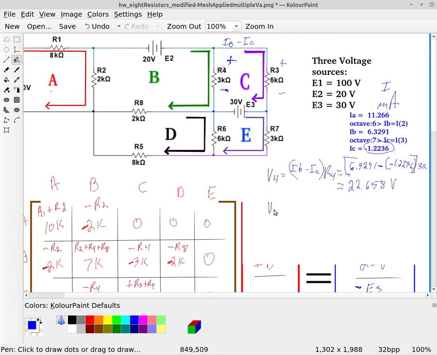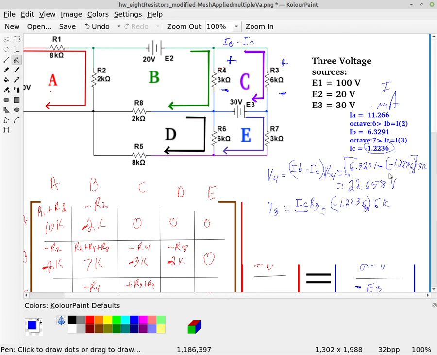And then the voltage V3, again, I'm defining it with the positive on top, so that is IC times R3, Ohm's law. So that is IC, but IC is a negative 1.2236 times the 6K ohms.